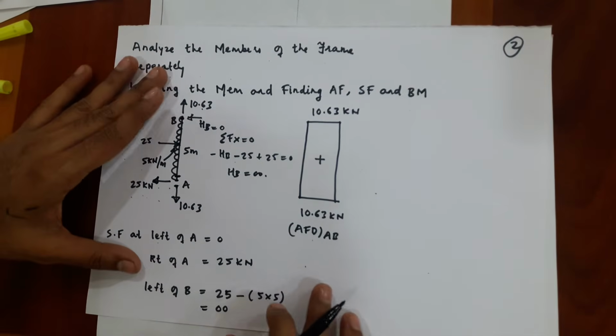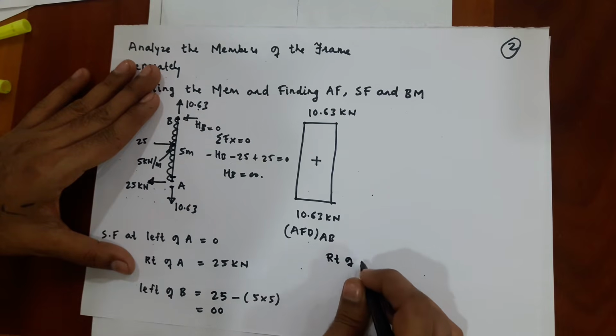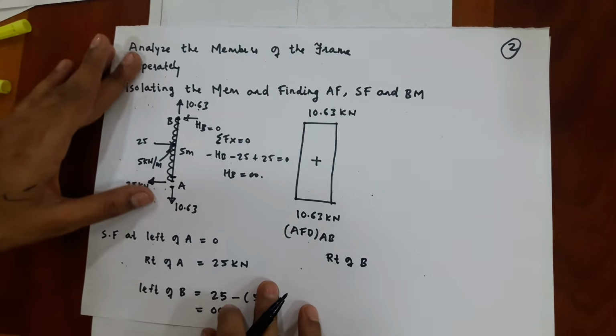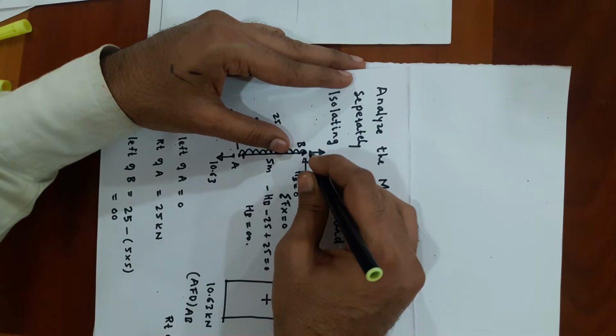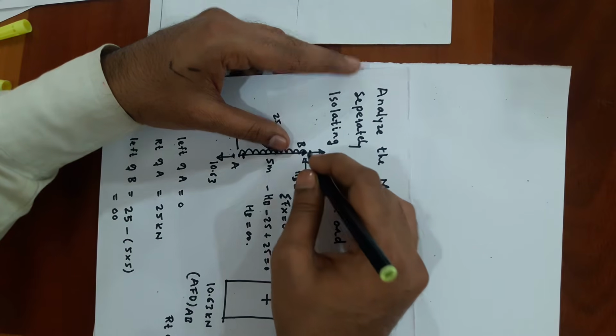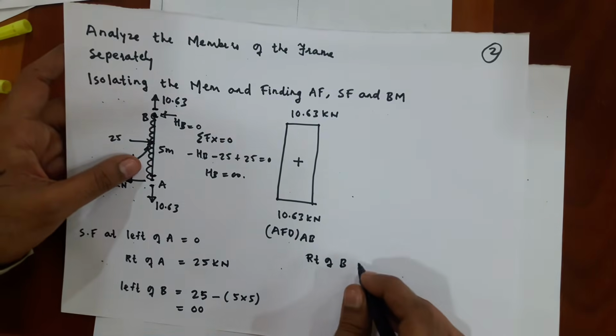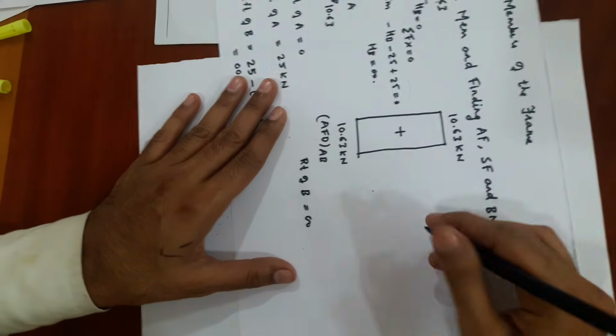Now next point is shear force at right of B. From left of B to right of B, there is no reaction, this is 0. So the shear force here also will be 0.